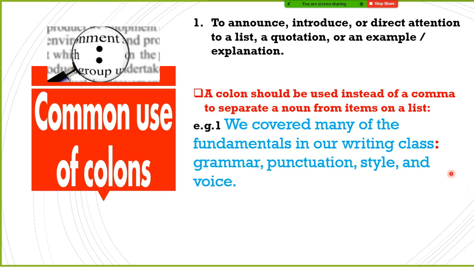So I can erase the colon and put a period after it? Yes, that's right. What comes after the colon here? What do we call these things? Grammar, punctuation? A list. Yes, this is the list of things, or this is an explanation or examples of the things that we covered in our writing class. Fundamentals means important things that we covered in our writing class. So the first usage is clear.